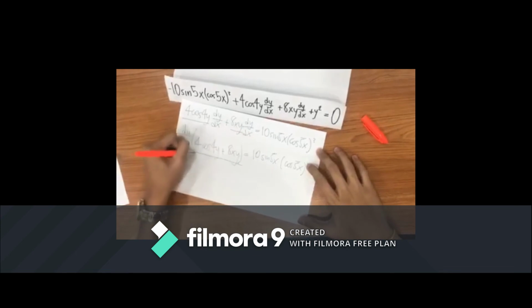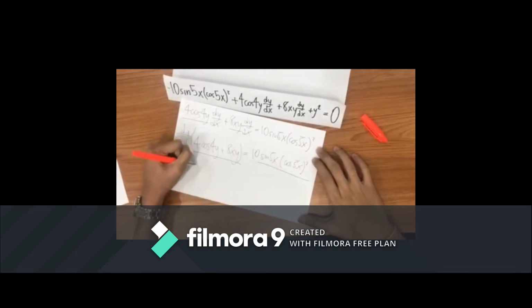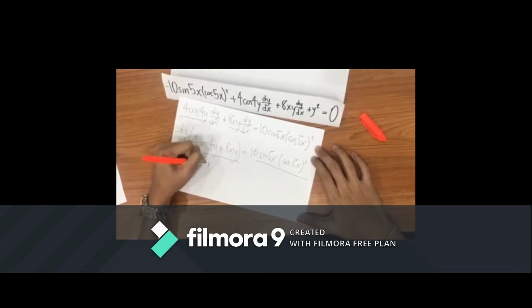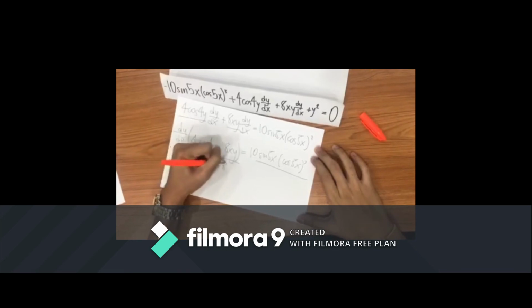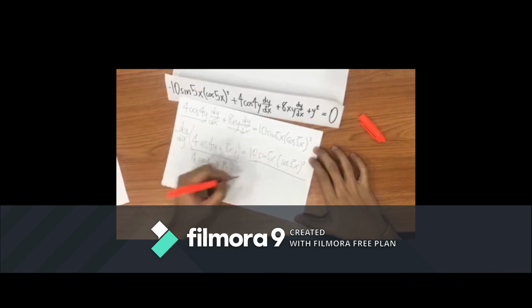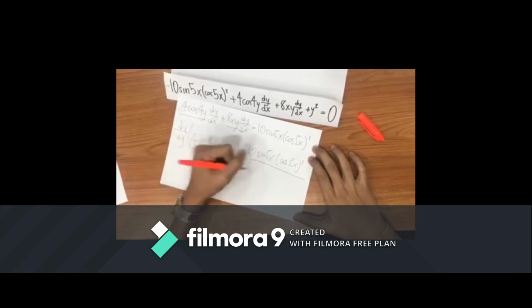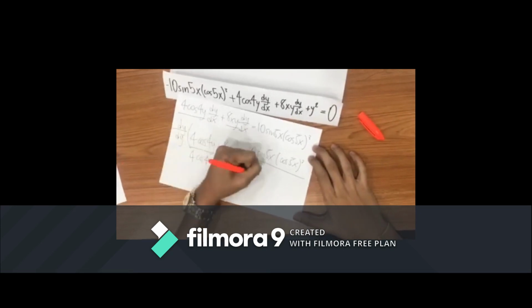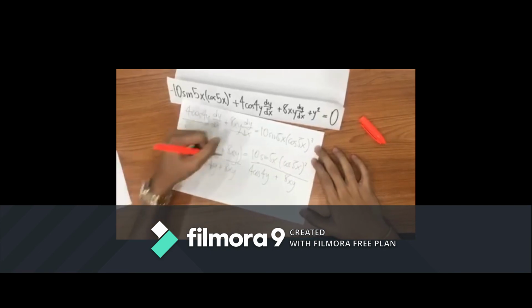So divide it in order to cancel 4 cosine 4y plus 8xy. So cancel.